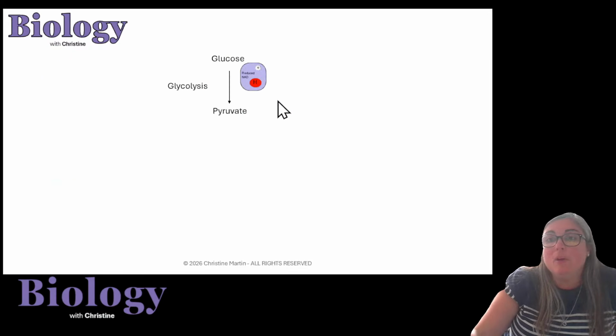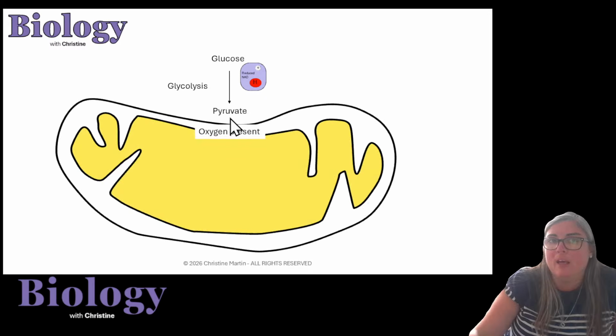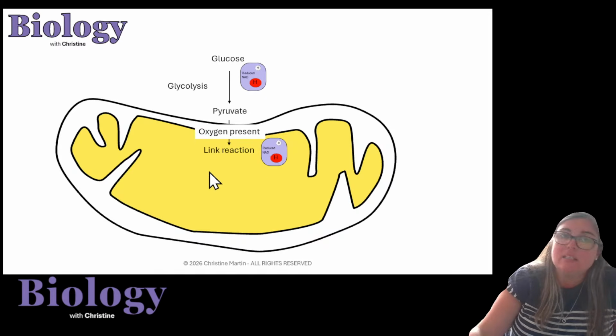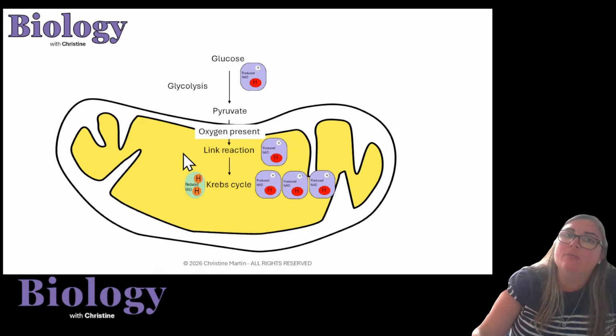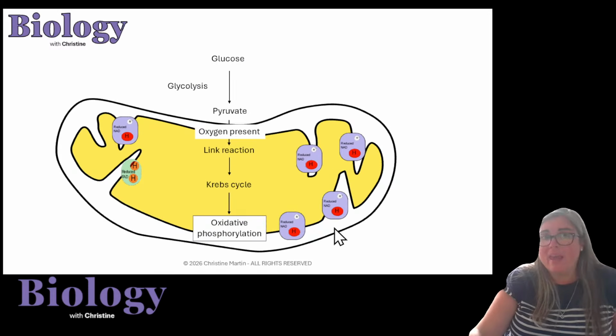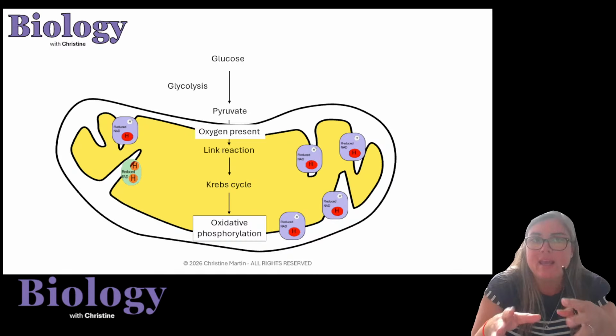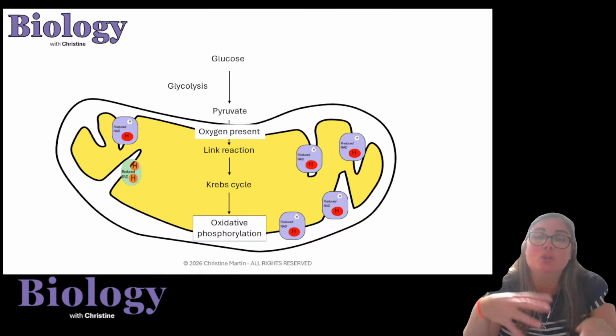If we're talking about respiration, we know that through the process of glycolysis, the glucose is broken down into pyruvate. The pyruvate will then enter the mitochondria if oxygen is present, and we get our link reaction. We then have our Krebs cycle, and then oxidative phosphorylation. So what's the point in this enzyme controlled reaction?